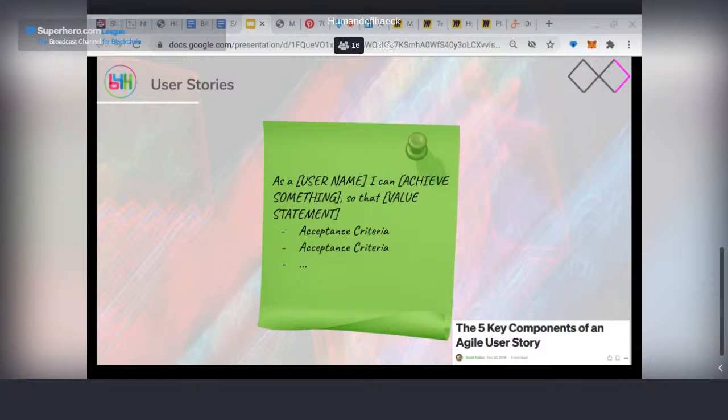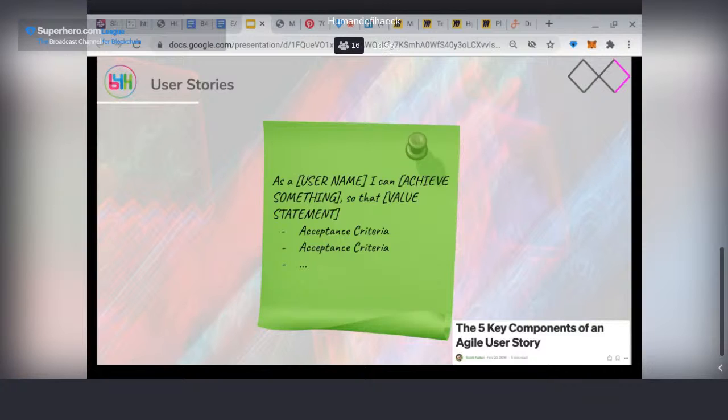The user story has 5 components that are enclosed in this post-it here. The first one is the username. And I'm not talking about Ricardo or Raul that are users of our platform. No, I'm talking about the typology of users.